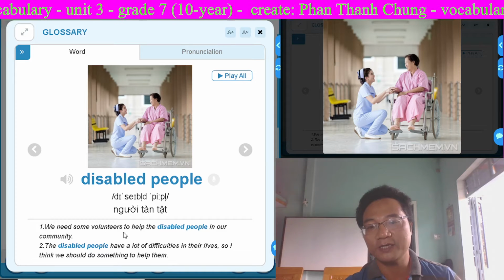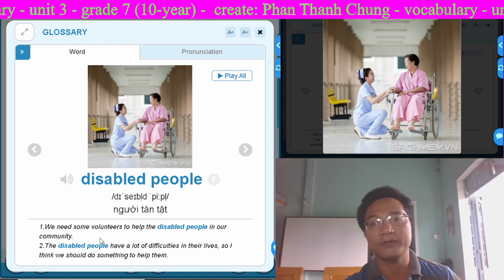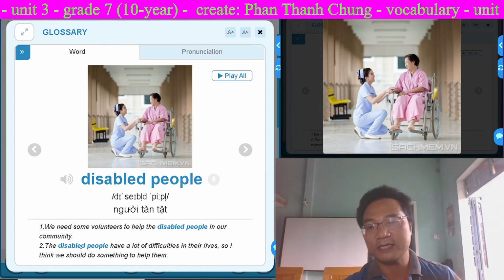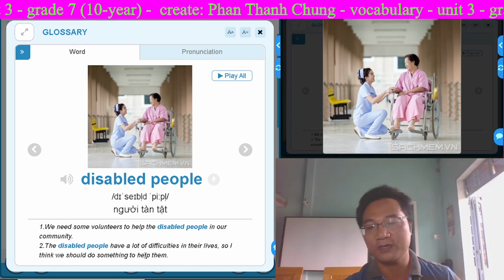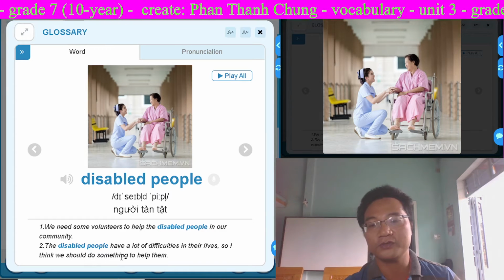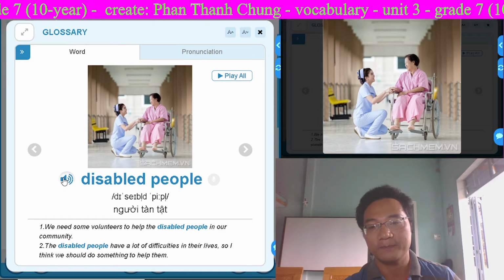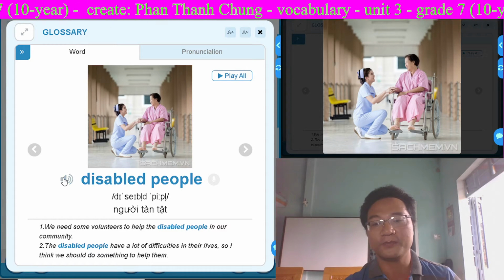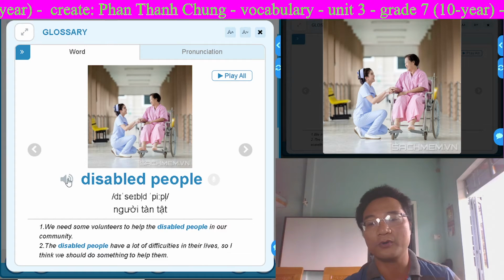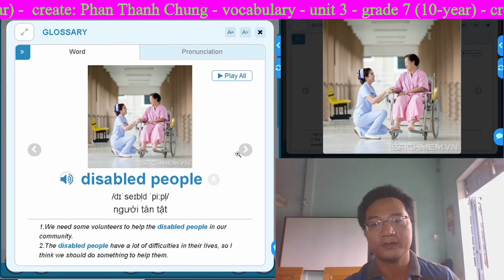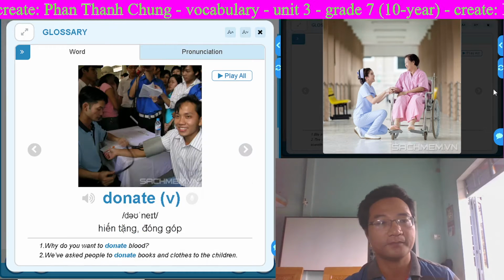We need some volunteer to help the disabled people in our communities. All the disabled people have a lot of difficulty in their life. So I think we should do something to help them. So, disabled people, người tàn tật. Okay, we go on.